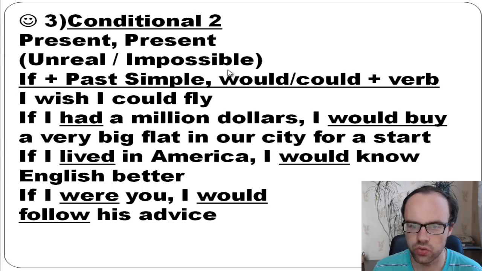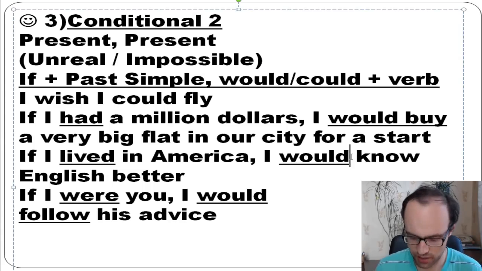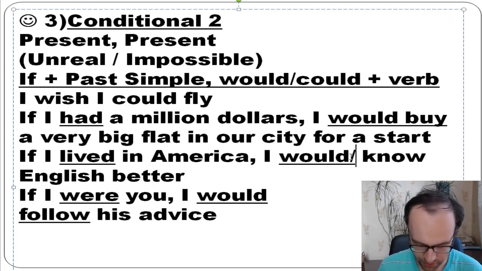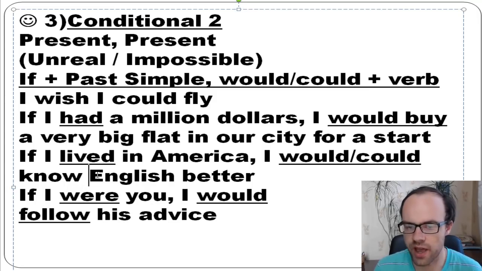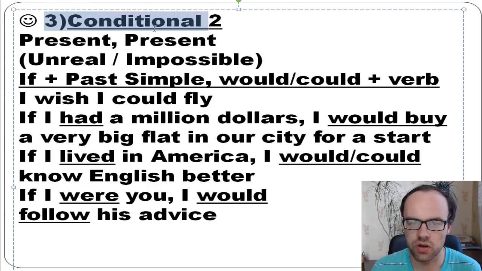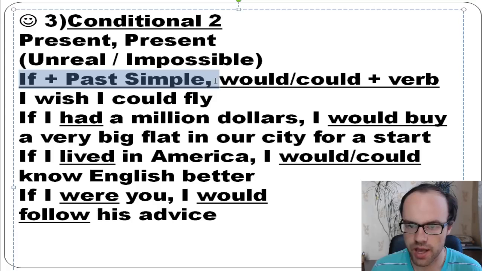Okay, as you see, we use would or could plus verb, and you could say, for example, here, I could know English much better. So it isn't a fact, but maybe you could know English much better if you lived in America. Okay, so the second conditional, present and present, unreal, impossible. If plus past simple and would or could plus verb.